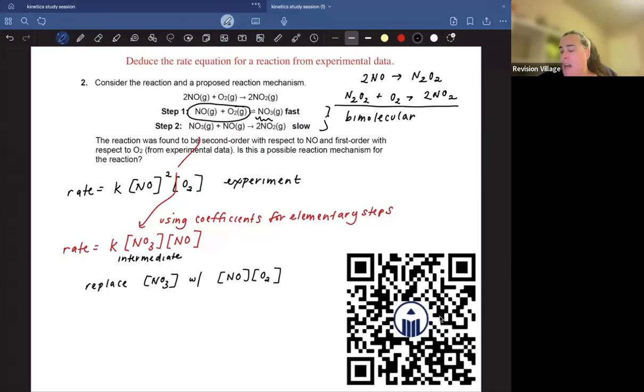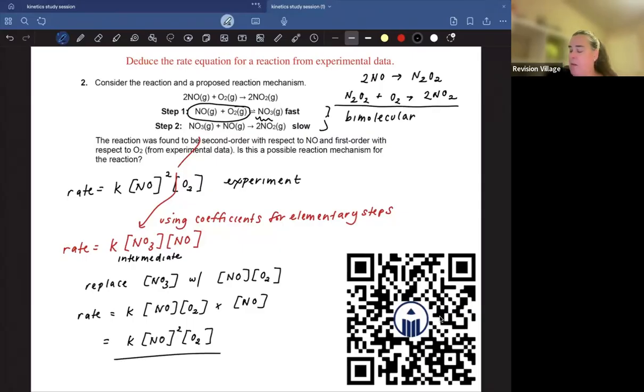That is, I know that the NO3 is made by that reaction. And so I can rewrite my rate law as k times NO times O2 times the NO we started with, or I can make that simpler. And so our rate law does in fact match experiment.